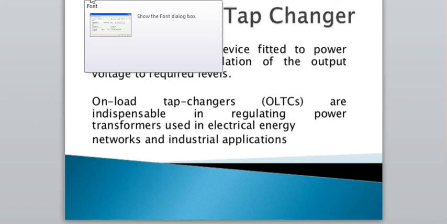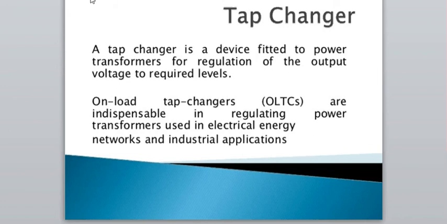A transformer has some number of turns. The voltage is directly proportional to the number of turns. If the number of turns increases, then the voltage will increase. If the number of turns decreases, the voltage will decrease. That is the tap changing principle, the general transformer principle.